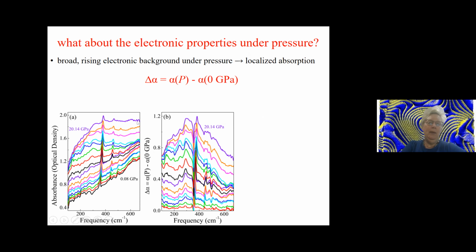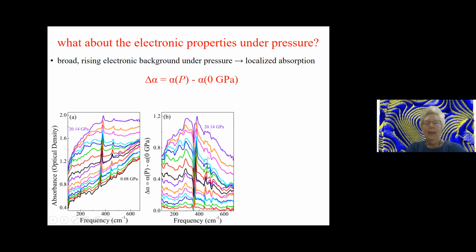So we wanted to be able to analyze it, and we calculated an absorption difference, because sometimes absorption differences allow you to focus on particular changes. That's what's shown in the next plot. This difference shows changes in phonons, but we're ignoring that and simply looking at this big hump.